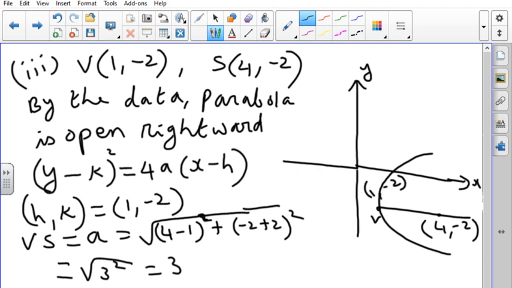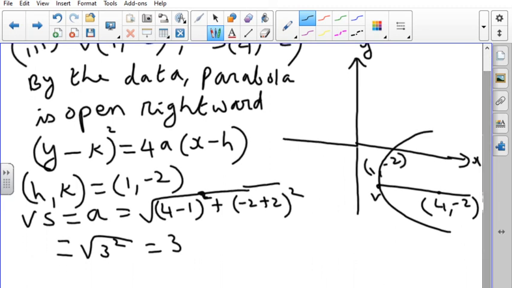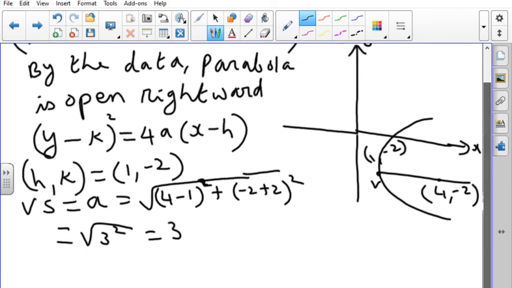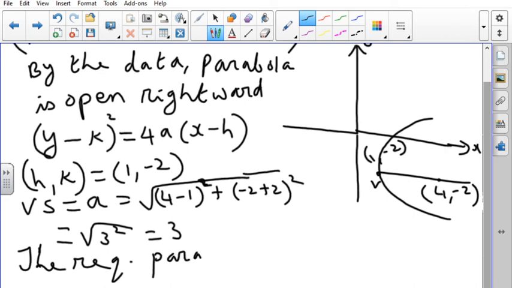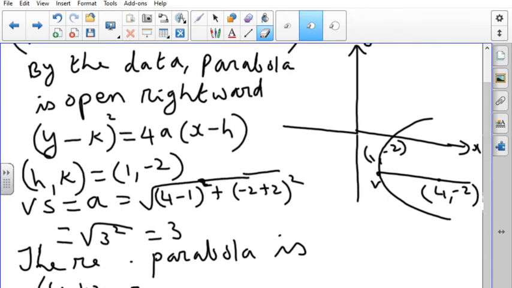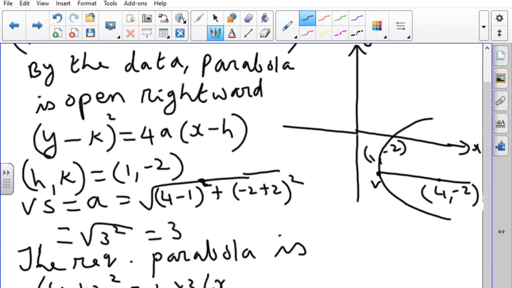Therefore the required parabola is y plus 2 the whole square is equal to 4 into 3 into x minus 1.